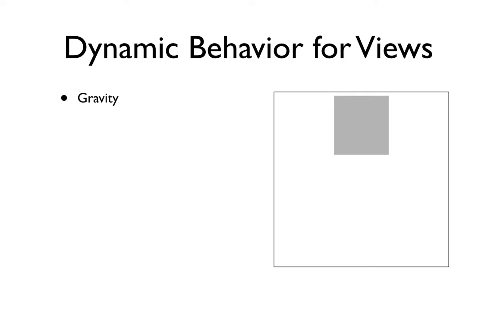This is some basic types of dynamic behavior we can build for iOS views. Of course, we could do it before iOS 7, but with iOS 7 we can do it very easily.